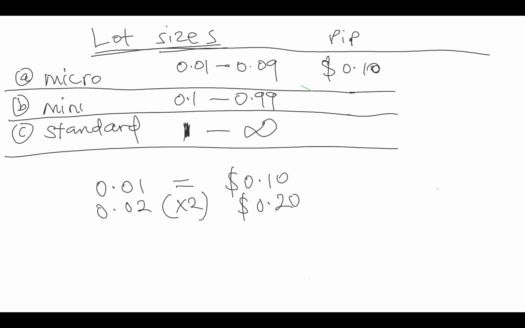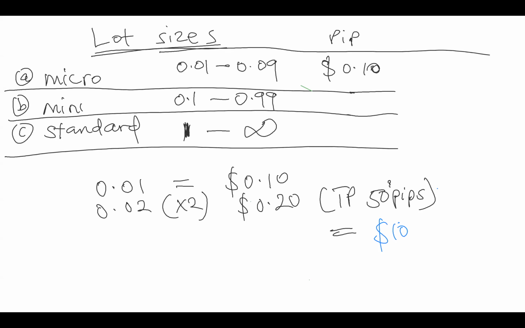So if your TP is 50 pips, you're going to be making $10. It's just times 2 of what you've been making for 0.01.